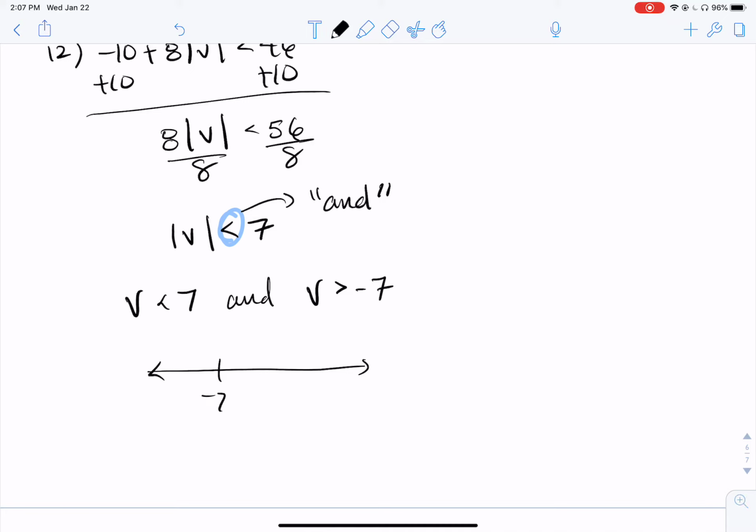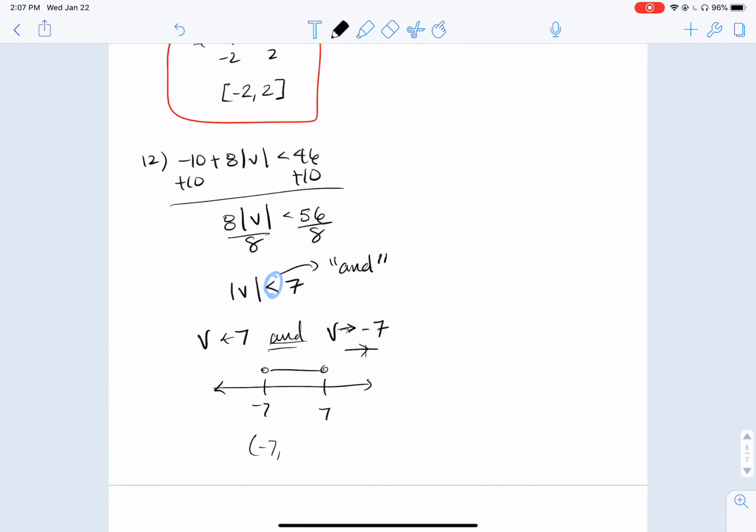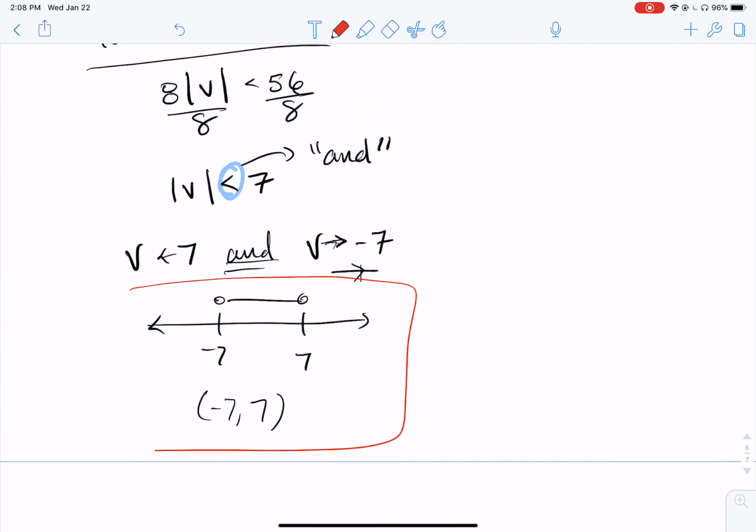So negative 7, positive 7, again, it's an and, so the two dots should connect. And they do. v is greater than negative 7 means we're going to draw an arrow going to the right of negative 7. And here we're going to draw an arrow going to the left of positive 7. So as an interval, it's like the previous answer, okay? But the only difference is that we use parentheses instead of the brackets. So this right here would be the solution.